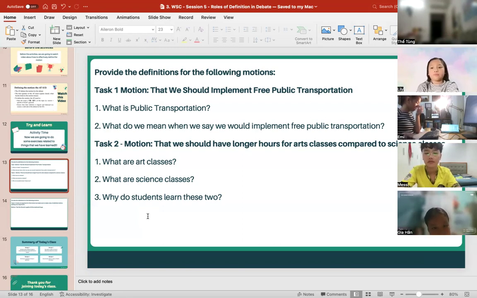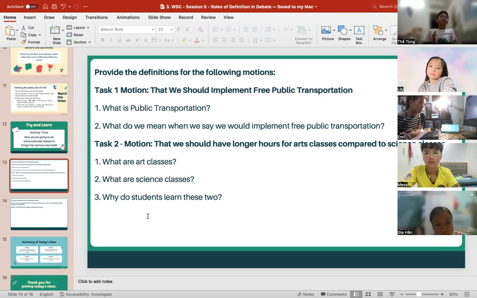Now, question number 2, what are science classes? It differs a little bit from art classes. Science classes usually require students that have logic and they like to think, they like to explore new things. And science is widespread all over the world, and this could help many people to have a wider overview of the world.